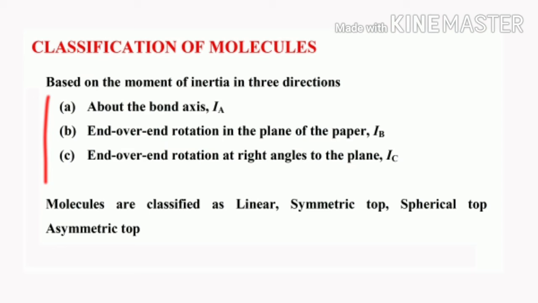Secondly, the end over end rotation in the plane of the slide given by IB. And thirdly, end over end rotation at right angles to the plane of this slide given by IC. So depending on these three, the molecules are classified as linear, symmetric top, spherical top, and asymmetric top.